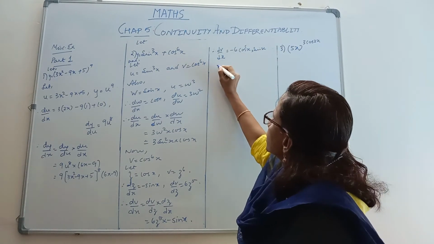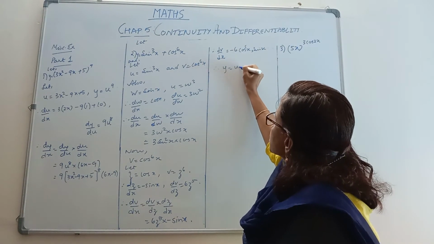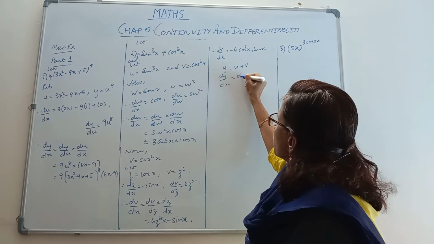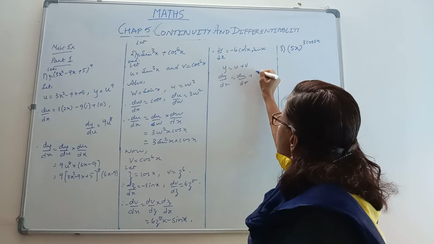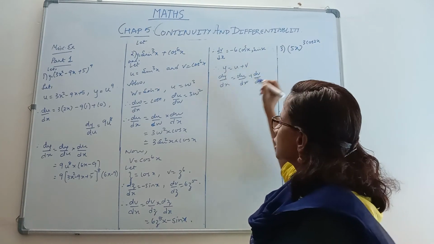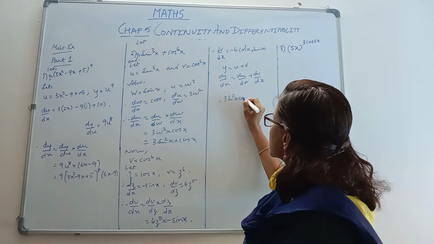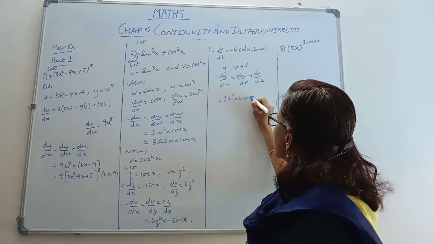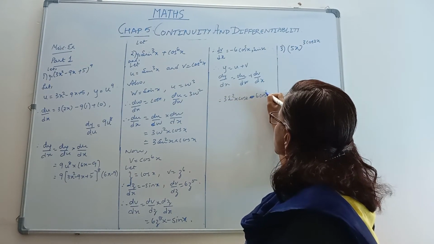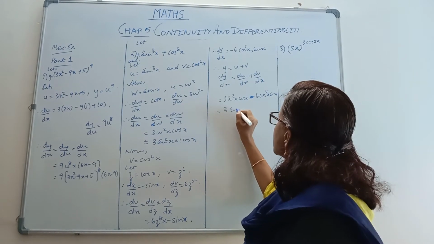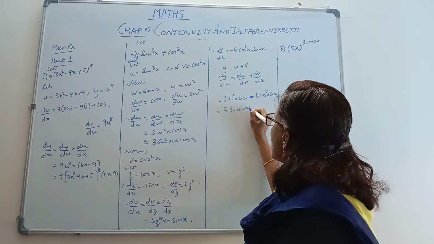Right. Therefore, y, which is u plus v, can give you dy by dx as du by dx plus dv by dx. Du by dx is 3 sine squared x cos x, and this is minus 6 cos raised to 5x sin x. You can have 3 sin x cos x out.